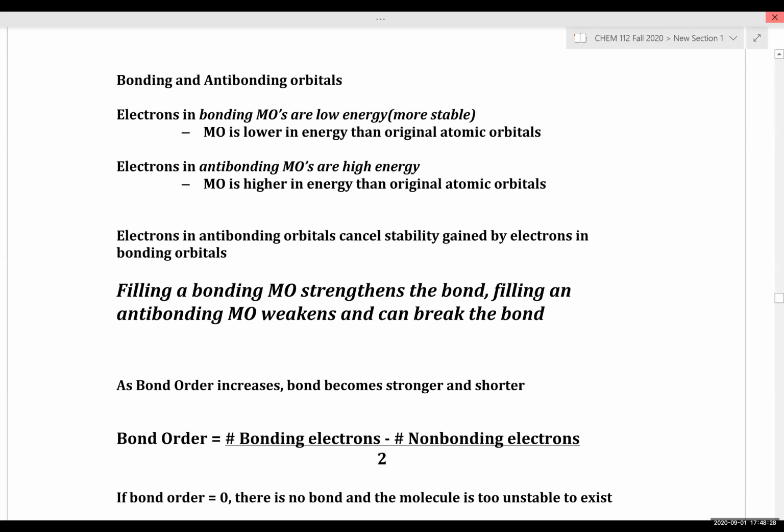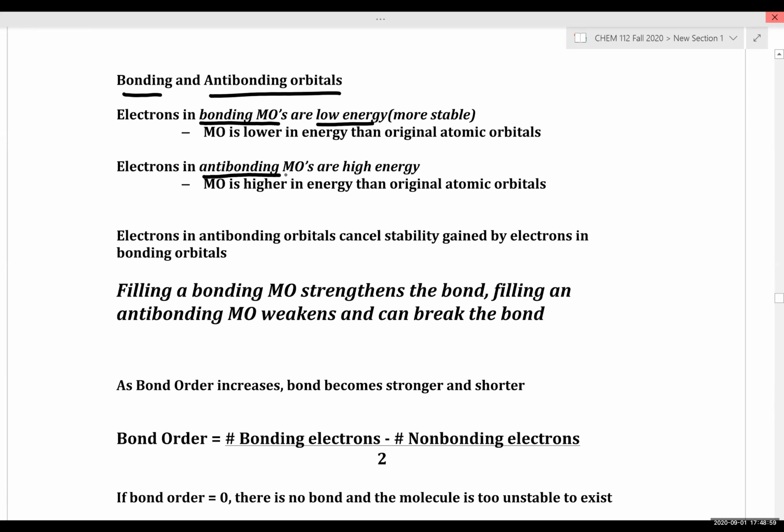So when we think about bonding and antibonding orbitals, we can look at how many electrons are occupying our bonding and antibonding orbitals to begin to describe the bond strength and bond length found for the bonds in our molecule. Electrons in bonding molecular orbitals are low in energy.